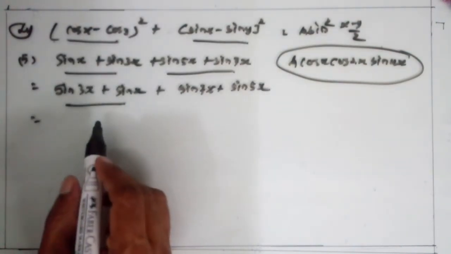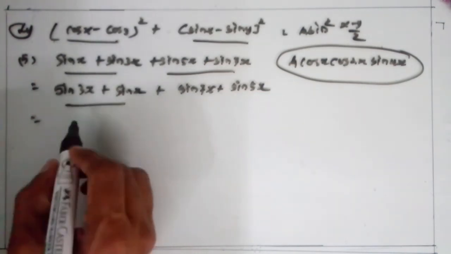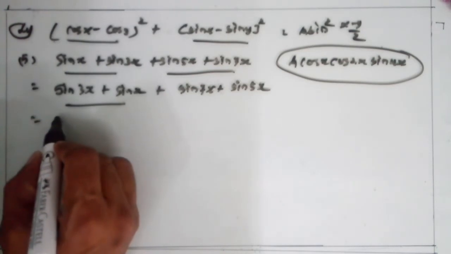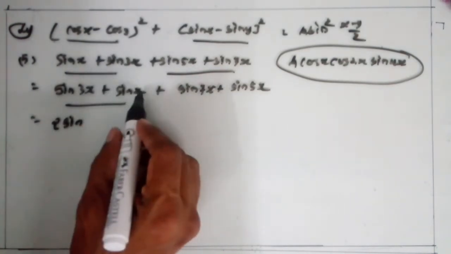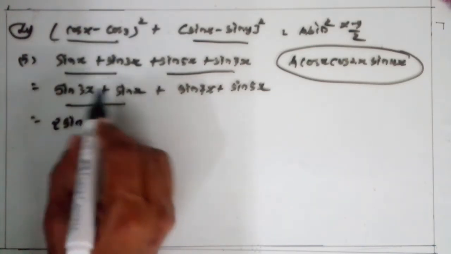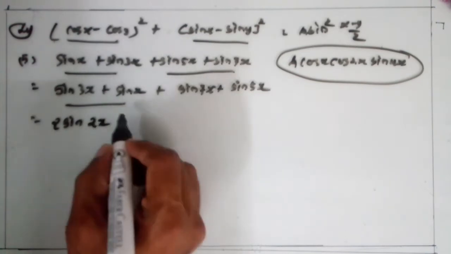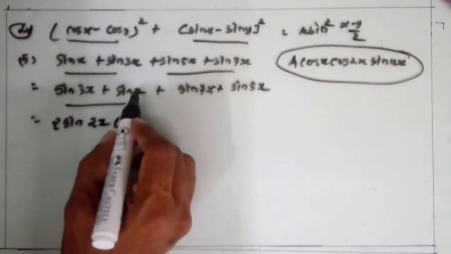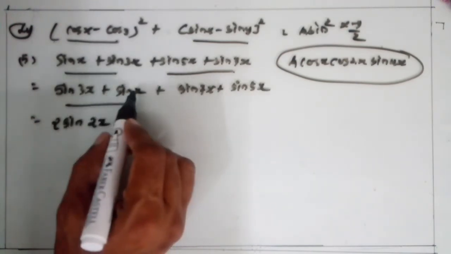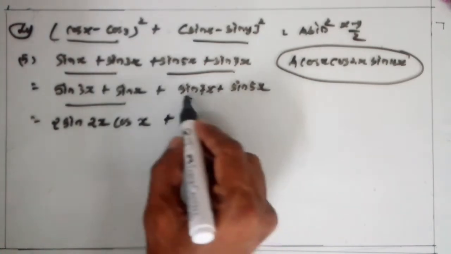Here s plus s is equal to 2sc. So 2 sin, take addition of these 2, divide by 2: 3x plus x, 4x upon 2, that becomes 2x, into cos, subtraction of these 2 by 2, that is 3x minus x, 2x upon 2, that is x. Plus, same applies for this.